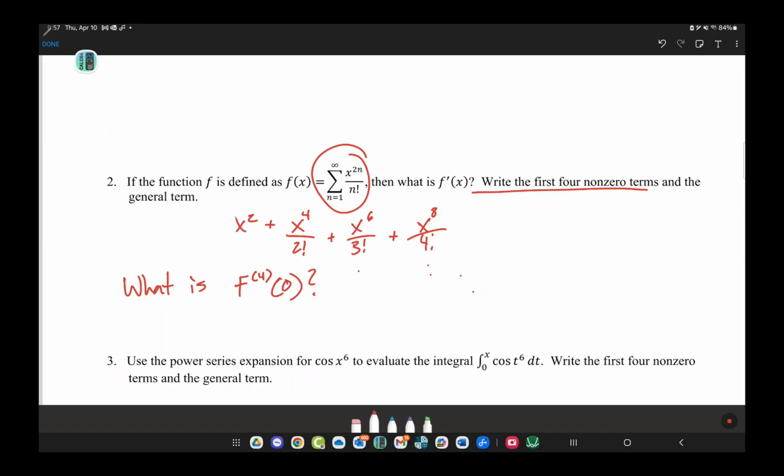On a Maclaurin series, where is that found? f4 of 0. So it should be f4 of 0 times x to the 8th over 4 factorial.